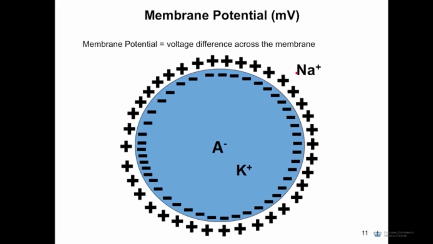So ions, all ions are charged, but particles in solution, solutes that are charged, like ions, are going to have both a concentration gradient and an electrical gradient.